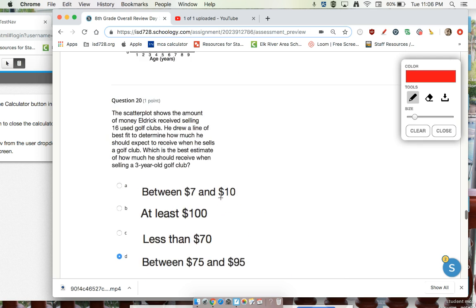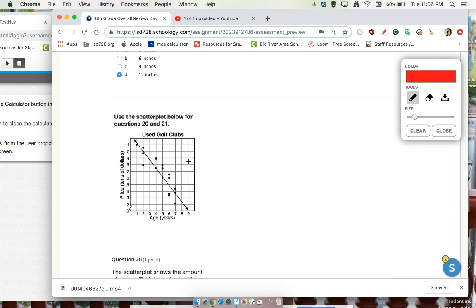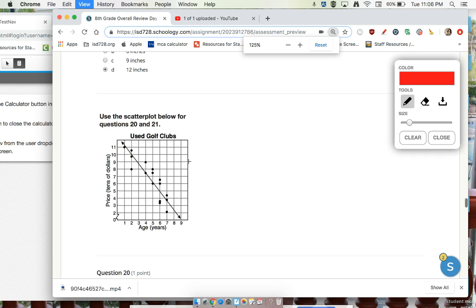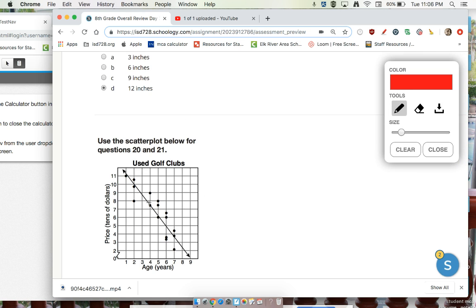So what I need to do is find the slope. I need to zoom in because my eyes can't see this. I'm going to find some perfect points, and then find the slope. Here's a perfect point right there, and another perfect point I'm going to say is approximately right here.